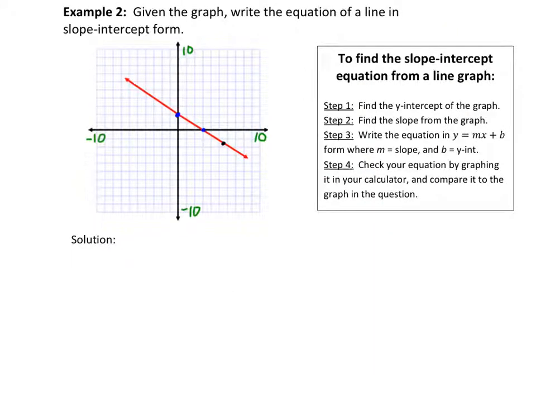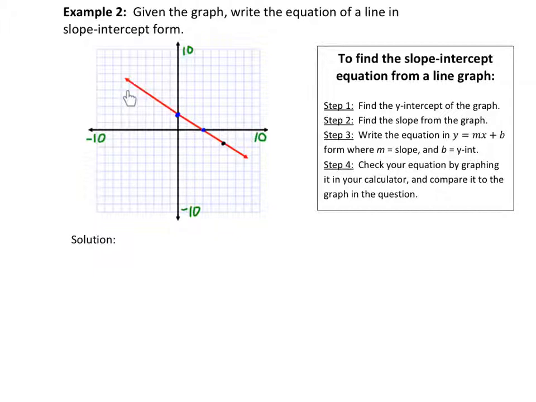Example 2 looks at how the slope-intercept form of a line actually relates to the graph of the line. So we're given a graph and we're going to write the equation of the line in slope-intercept form. The first thing you want to do when you're looking at the graph is to find the y-intercept of the graph. So that is, where does the line cross the y-axis?